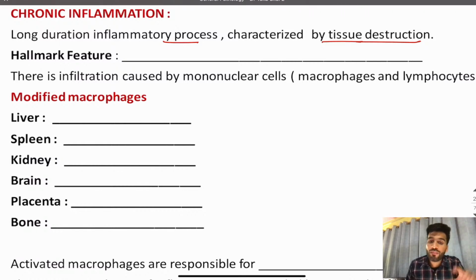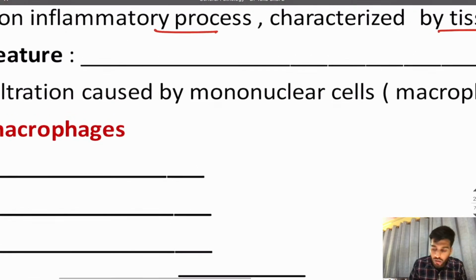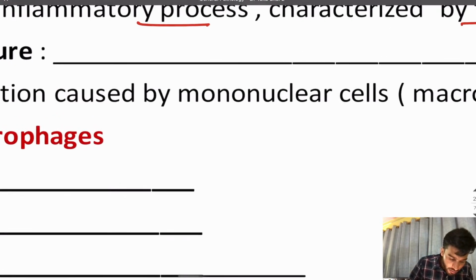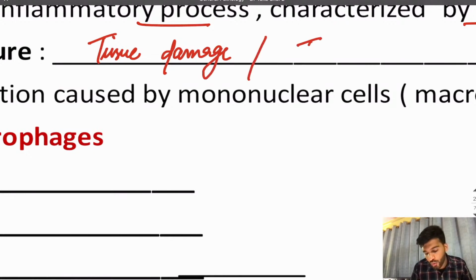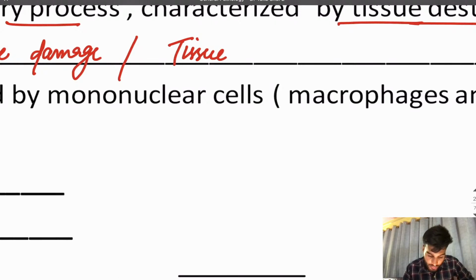Increased vascular permeability. But here, what will be the hallmark of chronic inflammation, guys? There will be tissue damage or tissue destruction. I want to complete this inflammation chapter today only.